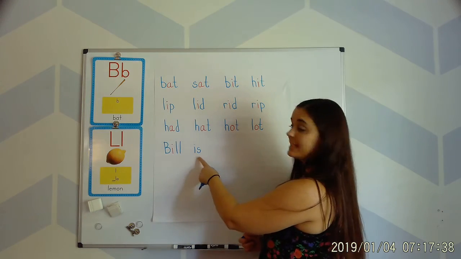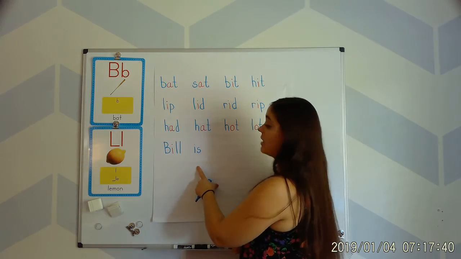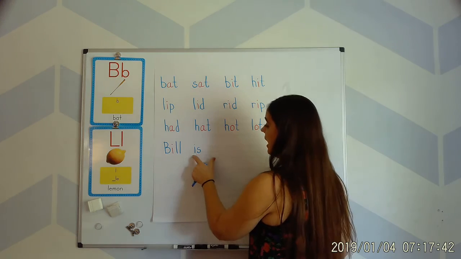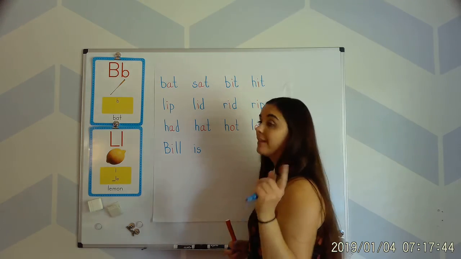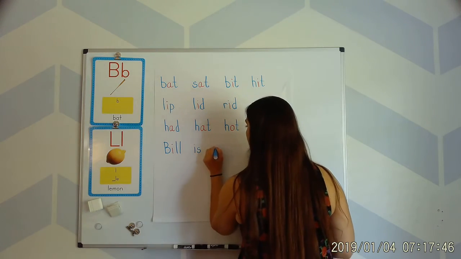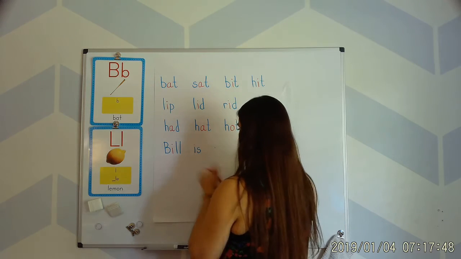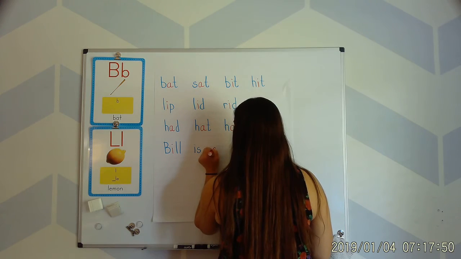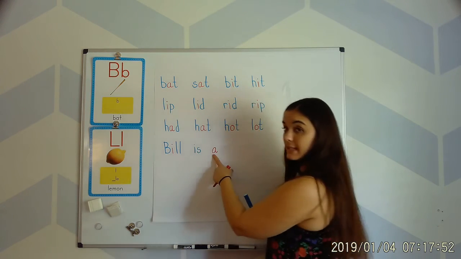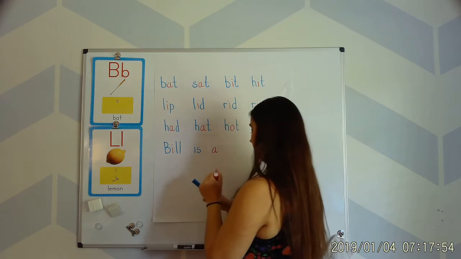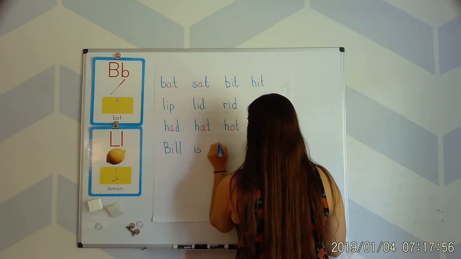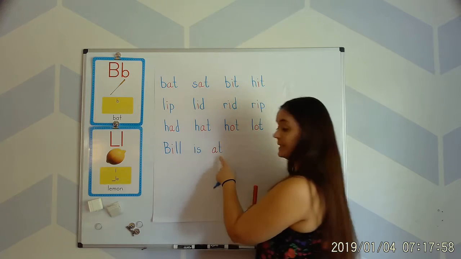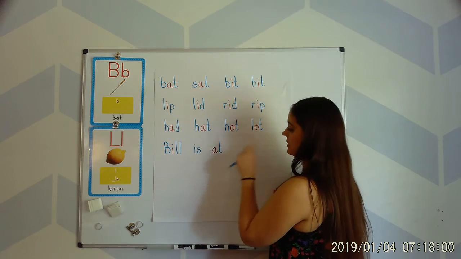There's the word is. This is a high frequency word. We can't sound it out, so we just have to know is says what? Is. And A says what? Ah. And T says ta. Let's blend. At.